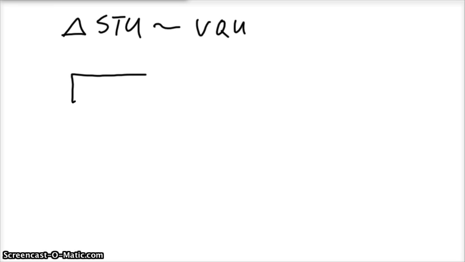So we have STU is equivalent to, what is it, VQU? Okay, so we know we have same angles. Find the distance across the pond. So we can use what we know. We have to deal with similar angles. So we have a triangle like this, and then we also have a triangle a little bit smaller.